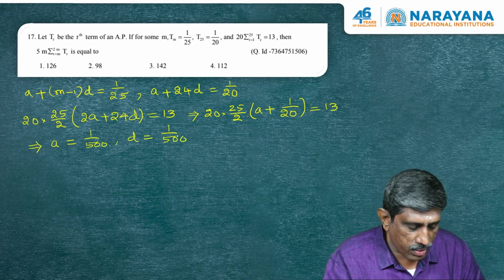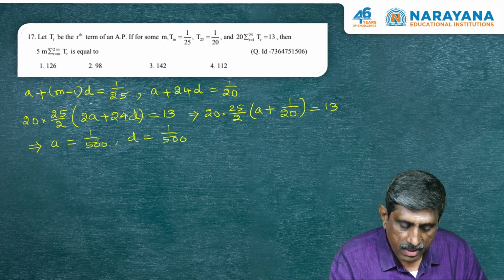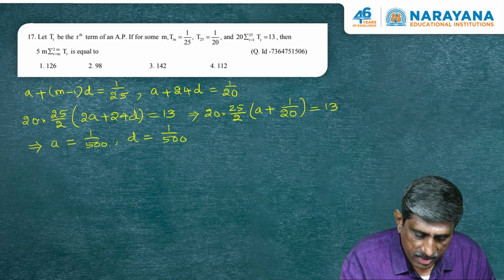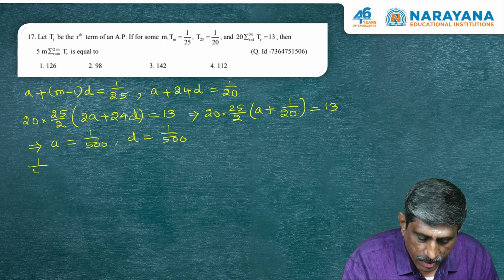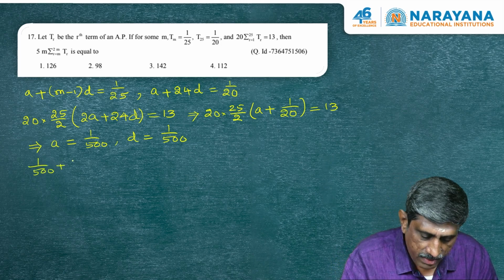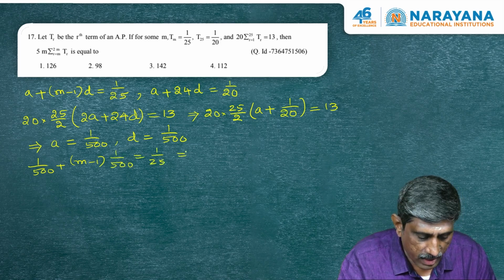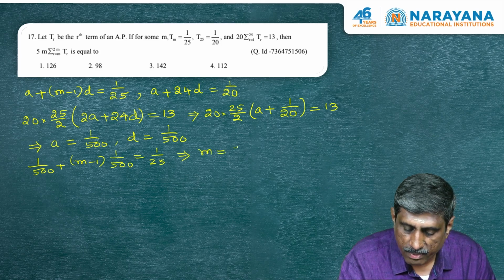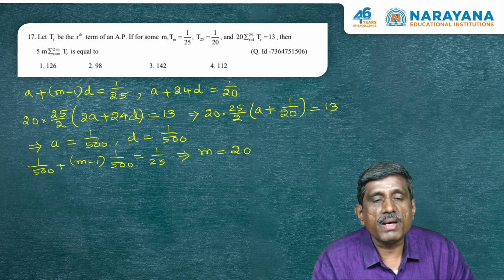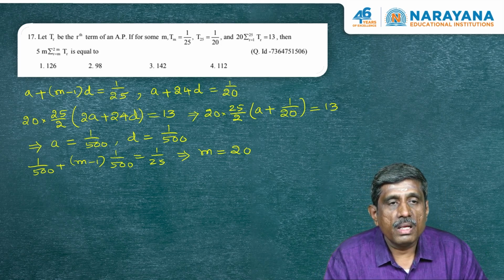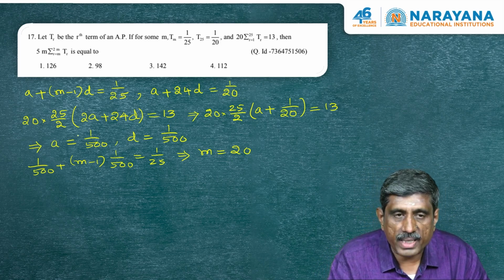When you substitute both of them in the first equation, which is 1 by 500 plus m minus 1 times of 1 by 500 is equal to 1 by 25, we get m is equal to 20. So, we got all the values of m as well as a and d.